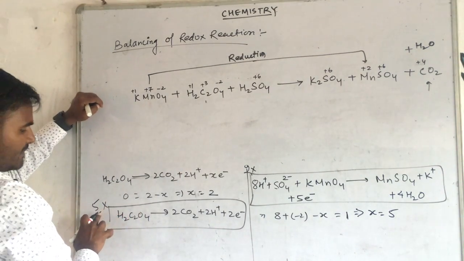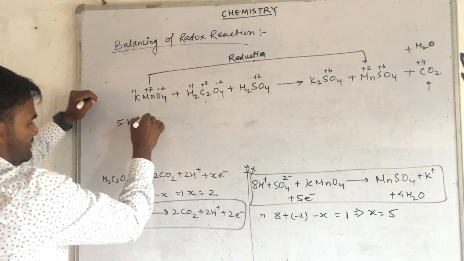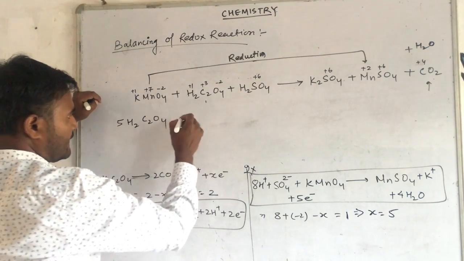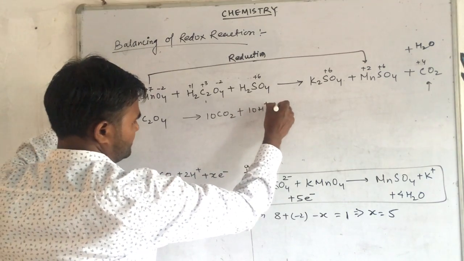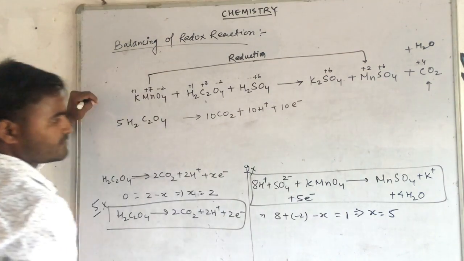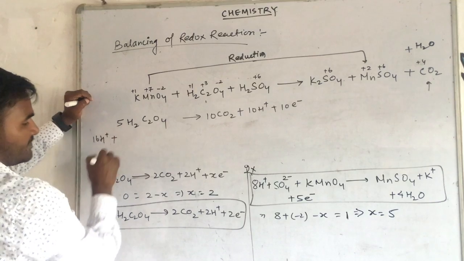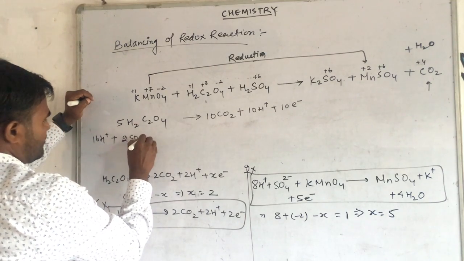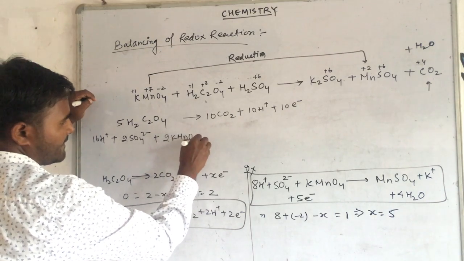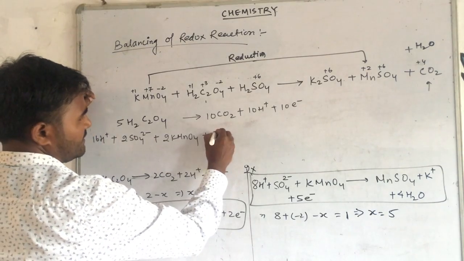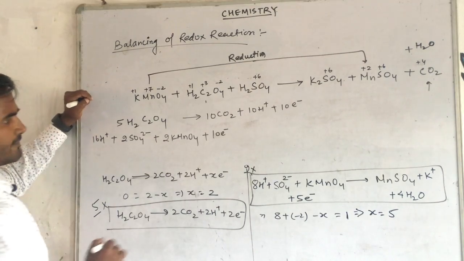If I multiply this half reaction by 5, then it gives 10 CO2 plus 10 H plus 10 electrons, and this half gives 16 H plus 2 SO4 2 minus plus 2 KMnO4 plus 10 electrons, right?